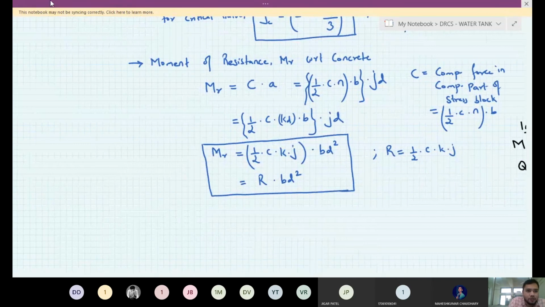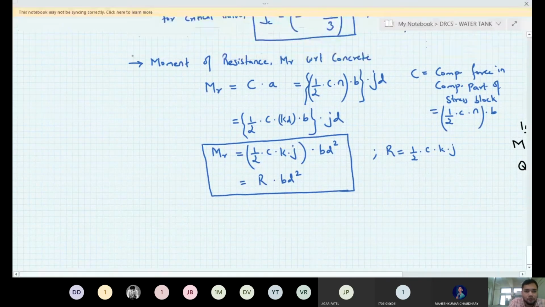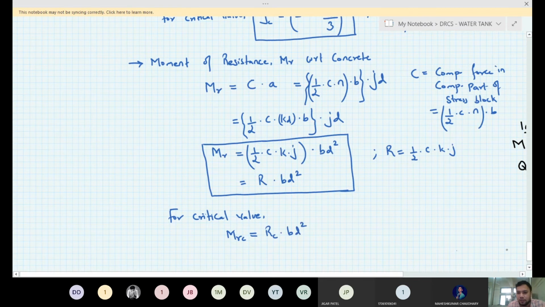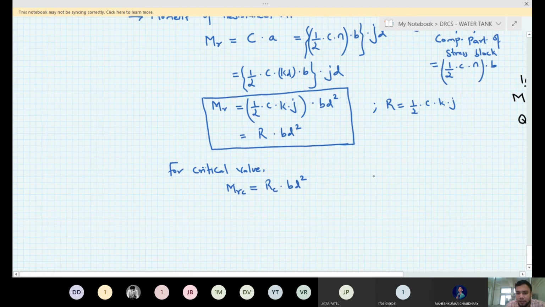For the critical value, MRC is equal to RC times BD square, where RC is nothing but 1 by 2 c times KC times JC.